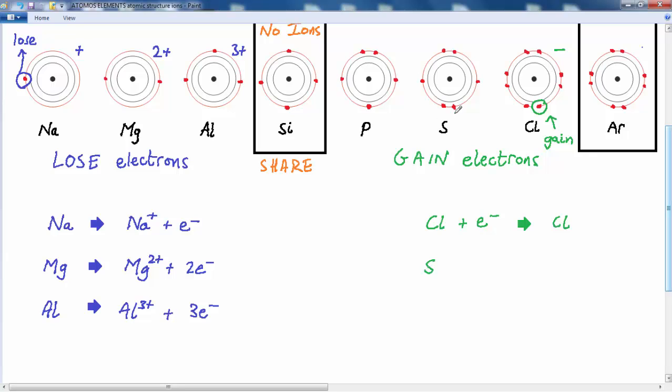Sulfur has 6 electrons in its outer shell, so it's going to want to acquire 2 electrons to obtain the octet, and that forms an ion with a 2 minus charge. And finally phosphorus is going to acquire 3 electrons in order to complete the octet. It's got 5 electrons at the moment, it needs another 3, and that forms the P3 minus ion.